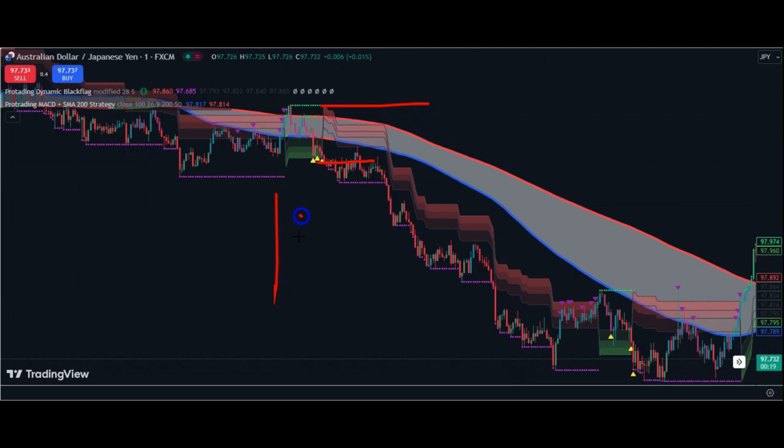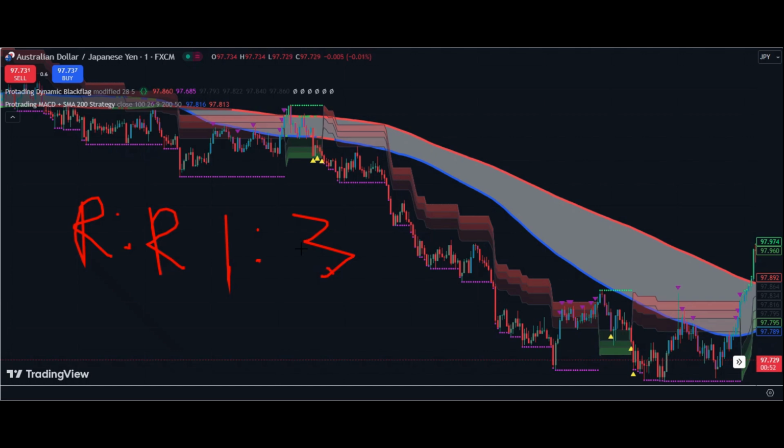So in this strategy, what we are targeting to make from the market is 1:3. Okay, so let me make it clear. Our risk to reward ratio is 1:3.